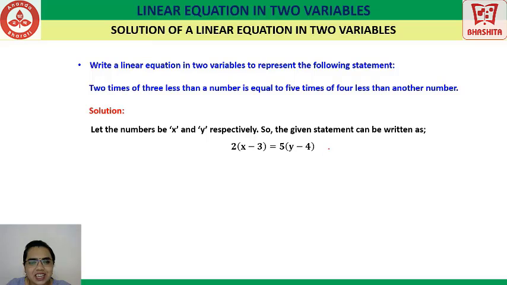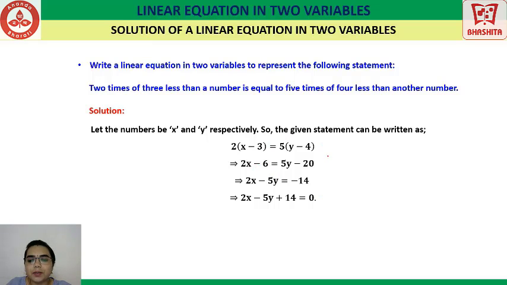Can we leave it like this? No, it is better we simplify it and write it in the form of the standard form of a linear equation in two variables. Right. So 2x minus 6 is equal to 5y minus 20. Now what do we do? We bring all the terms to the left hand side. So 2x minus 5y minus 6 plus 20 is equal to 0, or 2x minus 5y plus 14 is equal to 0.